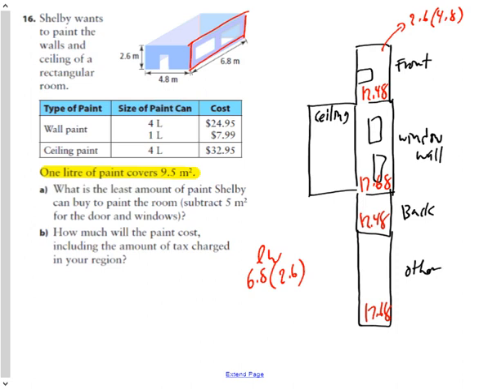All right. We're first going to calculate the walls because we don't want the ceiling to be factored into what we have to buy, because ceiling paint costs more.